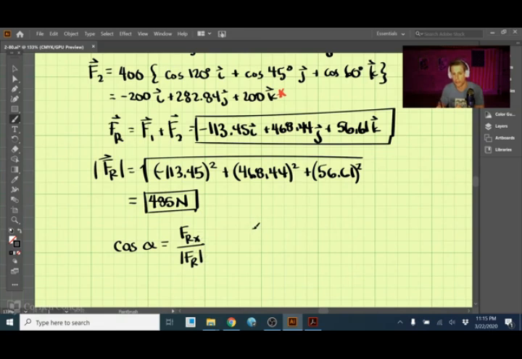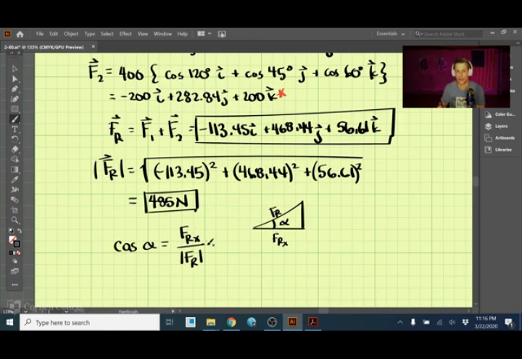And all we're doing here is, if you have a triangle, and we're looking for this angle alpha, we know that cosine is adjacent over hypotenuse. So this is FRX here, and this is FR. I know this is a 3D problem, but this is pretty much what we're doing.